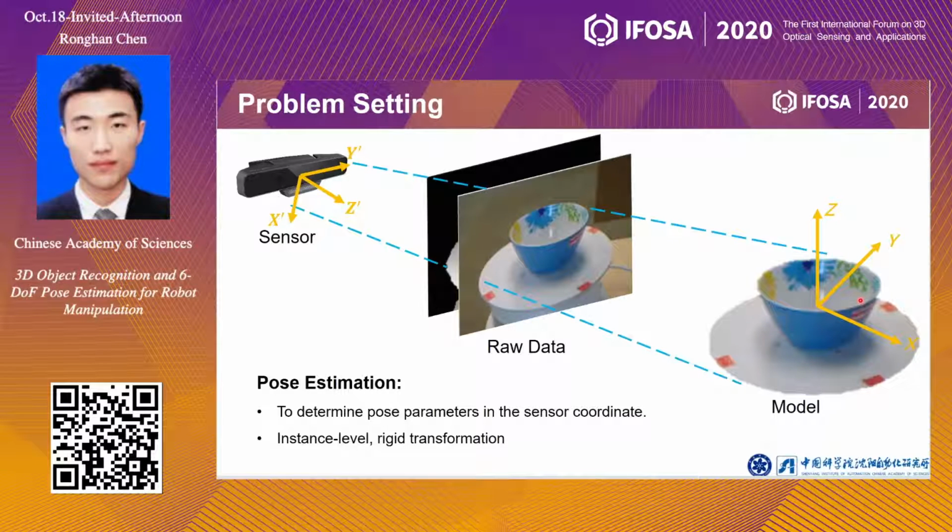So our key idea is that we combine the powerful feature extraction ability of deep learning-based methods with the more robust and more accurate traditional voting strategy. So here is our work.